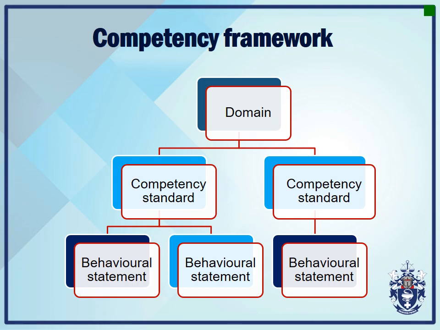On page 52 of your manual, domain 1.1 is promotion of health and wellness, and that is your competency standard. So your competency standard selected would be promotion of health and wellness.